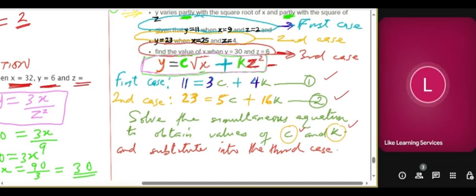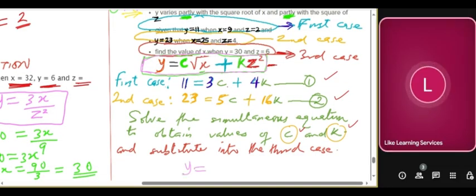Alright, so whatever c you found times square root of x. It's the value of x we are looking for, and y is given as 30.